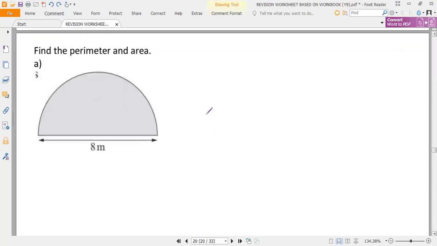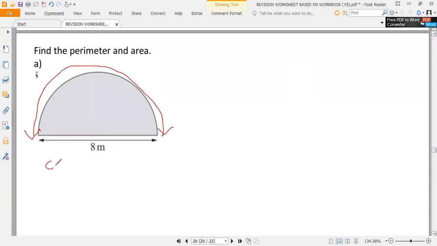Let's find the perimeter and area of a semicircle now. Okay, we start with perimeter. Perimeter is based on the circumference of a circle, the outline of a circle. So let us find this one first, which is part of the circumference. Not the whole thing, but part of the circumference.